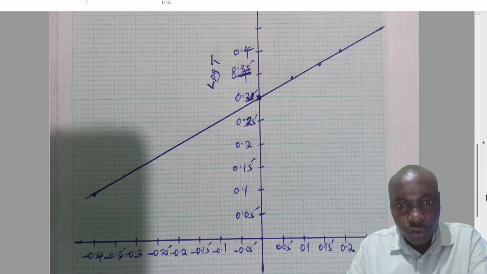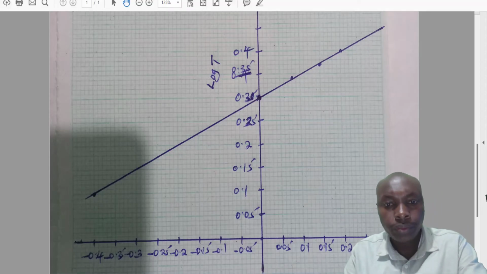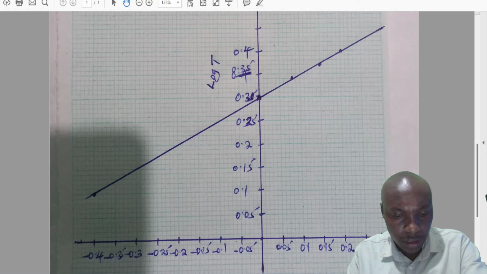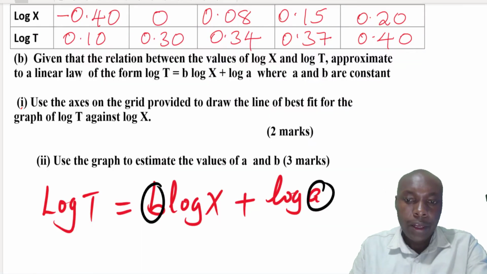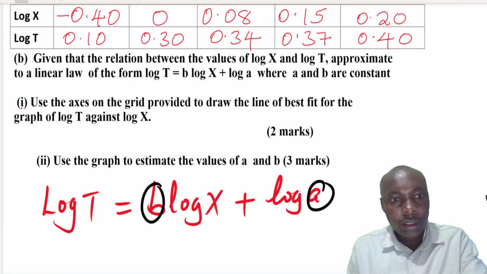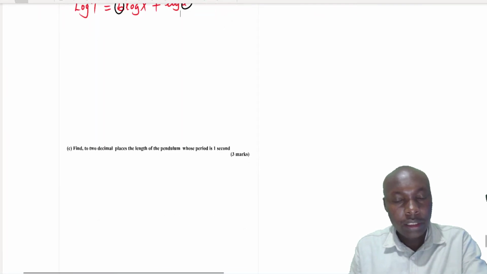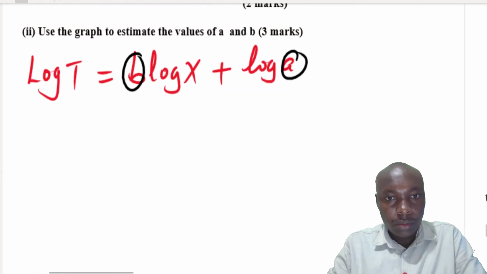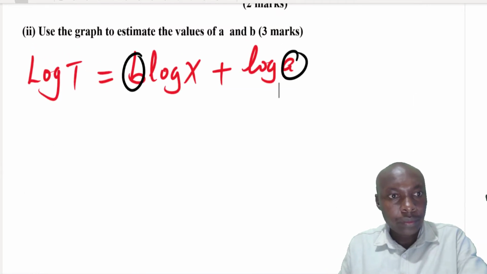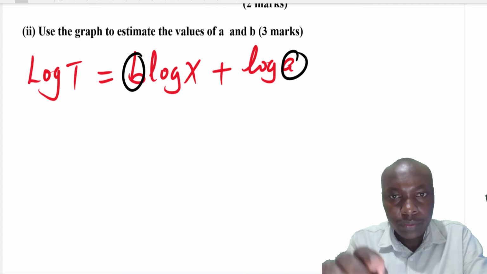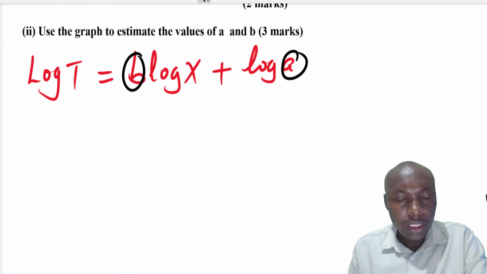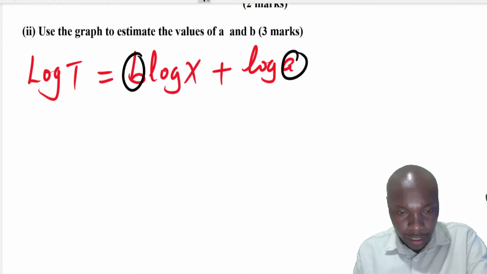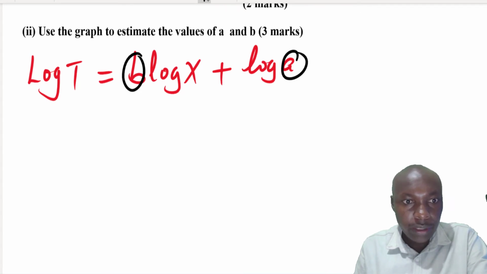This is the graph that we drew, the linear graph, the line of best fit. Now this is what you do. Try to relate this equation with the equation of a straight line.